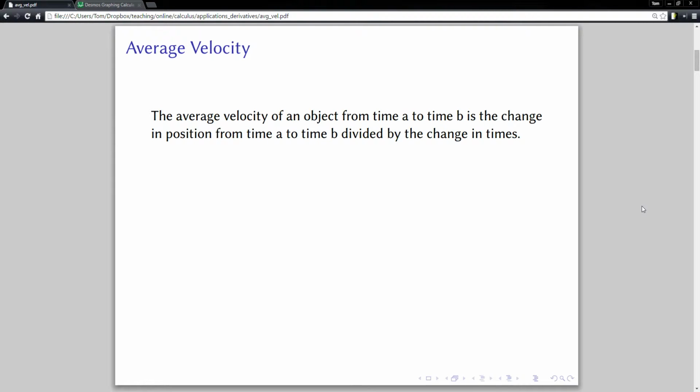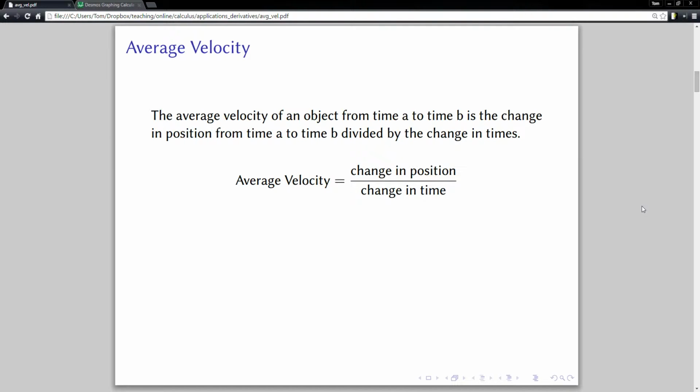Average velocity of an object from one time point, let's call it A, to another time point B later on, will be the change in position from time A to time B divided by the change in times. So just in words, the average velocity is your change in position divided by your change in time.